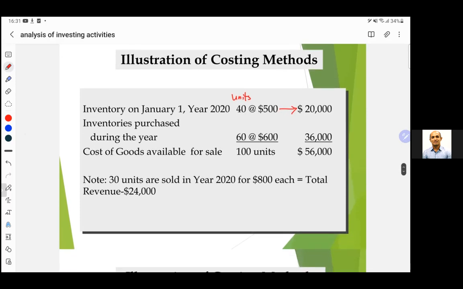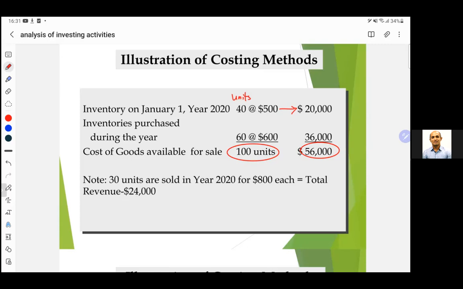Now you see during the year you have 100 units for sale. The cost of the goods available for sale, 56,000.